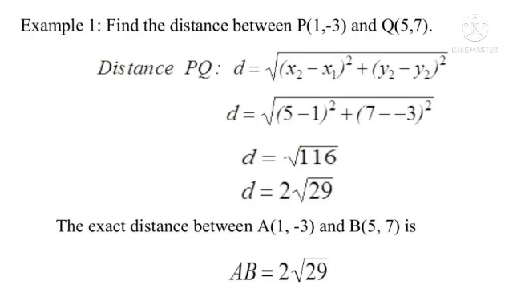D is equal to the square root of (5 minus 1) squared plus (7 minus 3) squared. D is equal to root 116. D is equal to 2 root 29. The exact distance between P(1, minus 3) and Q(5, 7) is PQ equal to 2 root 29.